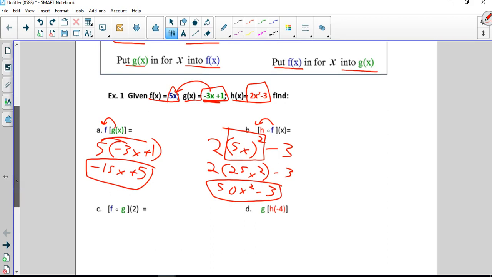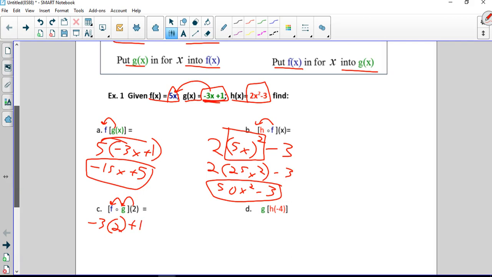Now, notice, now we have f of g of 2. So what we're going to do is we're going to bounce 2 into g, and then that into f. So we're going to put the 2 in the g first, and whatever we get, that's the new number we put into f. So g is negative 3x, I'm going to put a 2 in, plus 1.